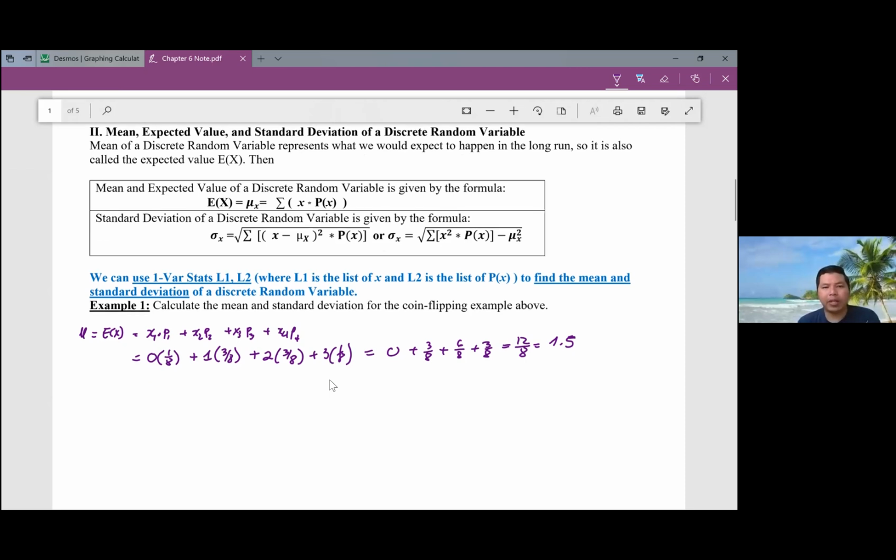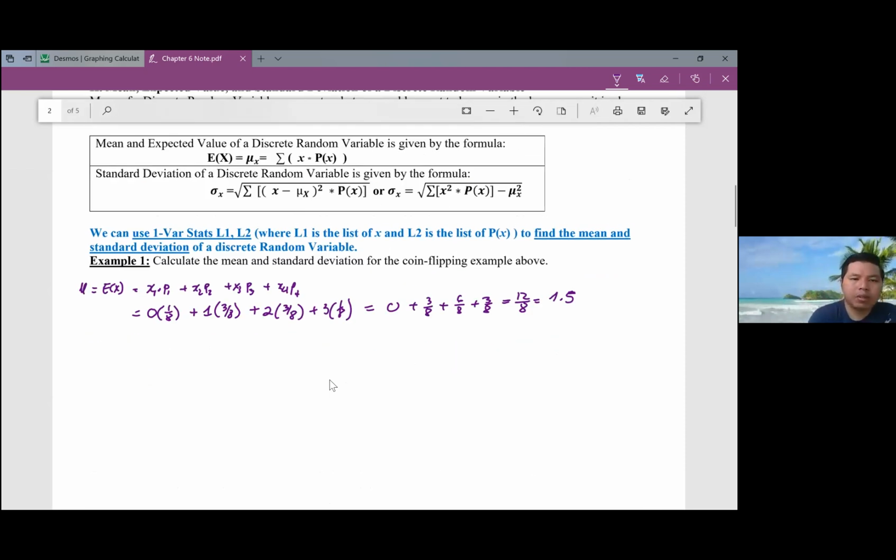All right, and then the standard deviation. We call that sigma of x, equal to the square root of x1 minus the mean squared times p1, plus x2 minus the mean squared times p2, plus x3 minus the mean squared times p3, plus x4 minus the mean squared times p4, with everything underneath the radical.